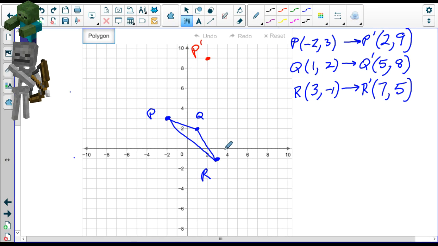And then Q prime is at 5, 8. So there's Q prime. And then R prime is at 7, 5. So again, don't forget, click the P prime to tell it I'm done with the triangle. You can draw it now.